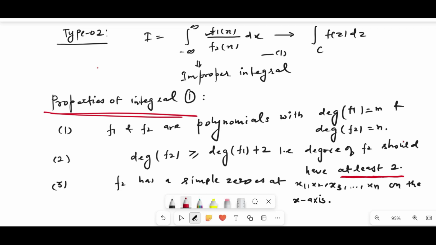So these are the first three properties of the given improper integral.